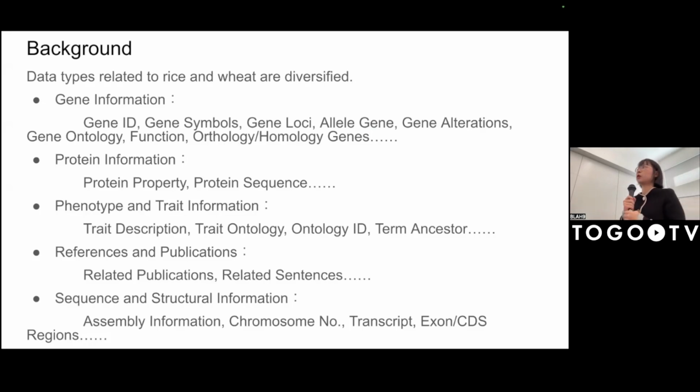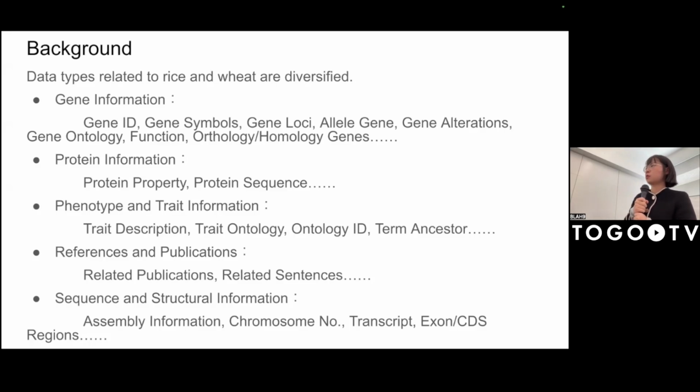And for protein, we have the protein properties and the protein sequences and other information. For phenotype and trait information, we will have trait descriptions, trait ontology, and the ancestors of each term. And for reference and publications, which is what our RiceAlgorithm focuses on, we have the related publications and related sentences and where the entities and the relations are from.